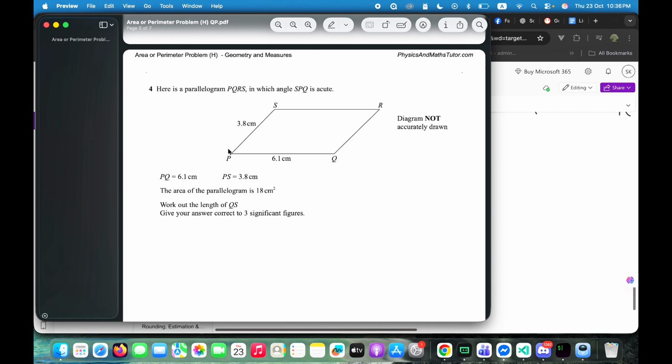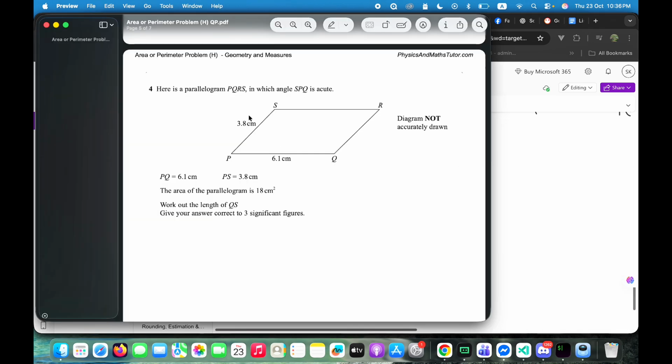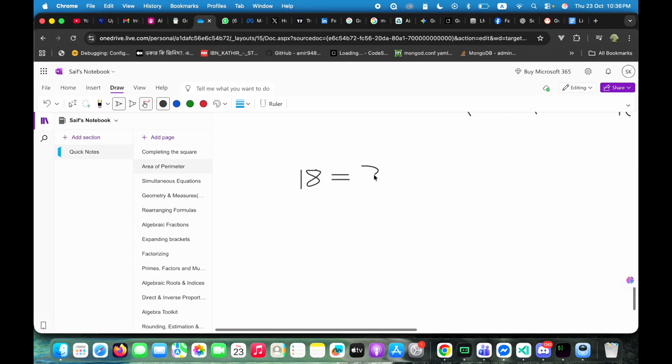So 18 equals 3.8 multiplied by 6.1 multiplied by sine theta.